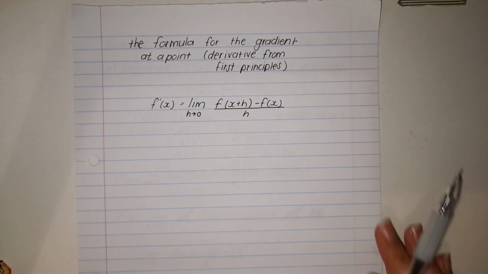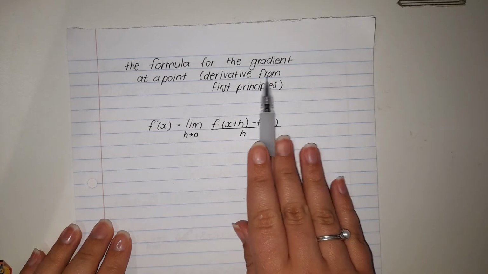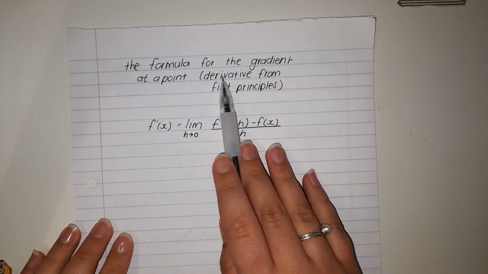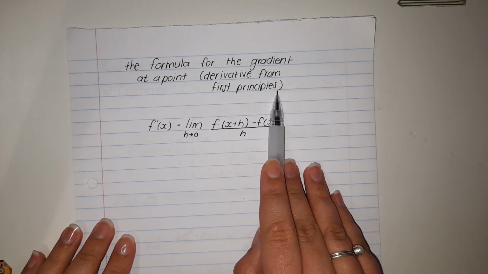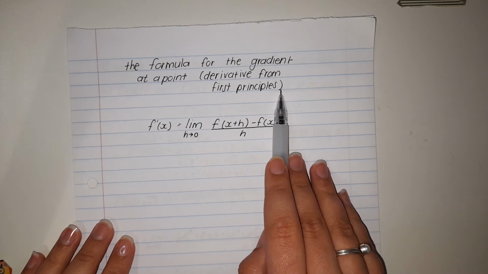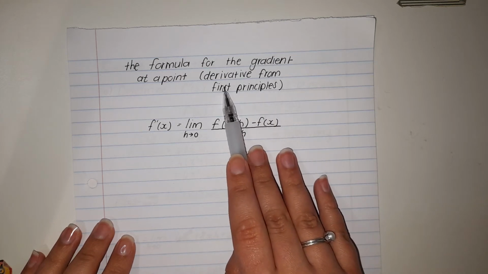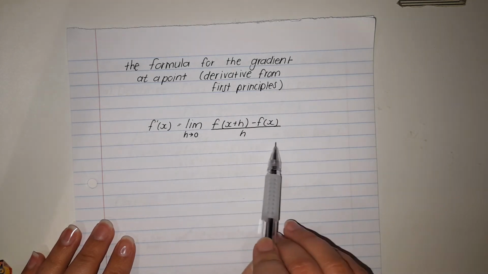So the formula for the gradient at a point, the derivative from first principles. Whenever a question asks you to use first principles, or show the derivative from first principles, you're going to use this formula.